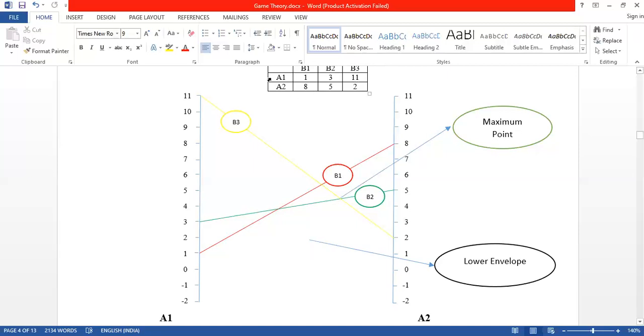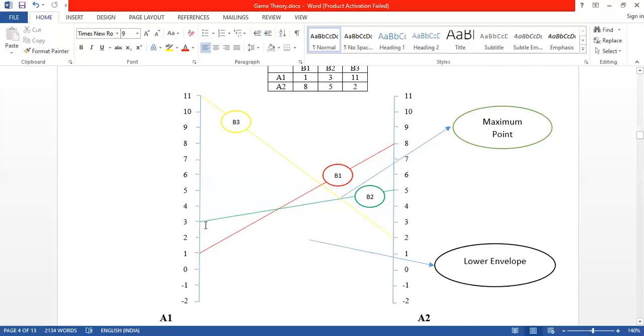That means firm A is making profit and firm B is making loss, right? So we have taken vertical lines for the profit making company, isn't it? We have taken them for A1 and A2, and firm A is making profit.